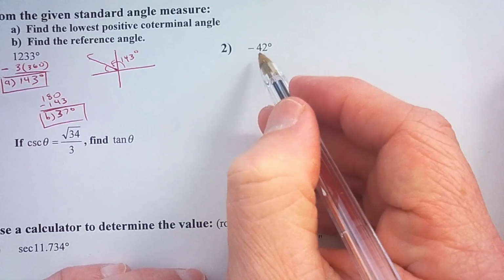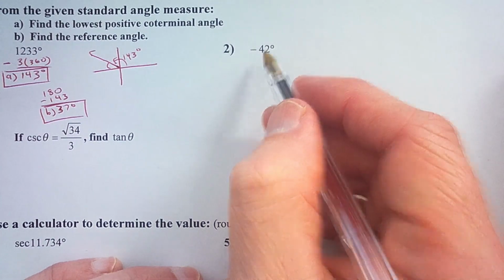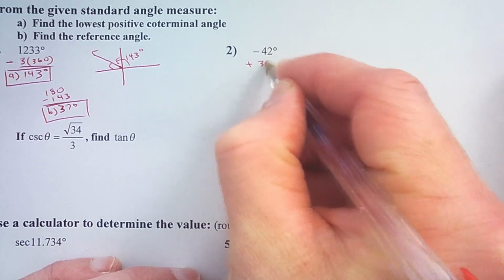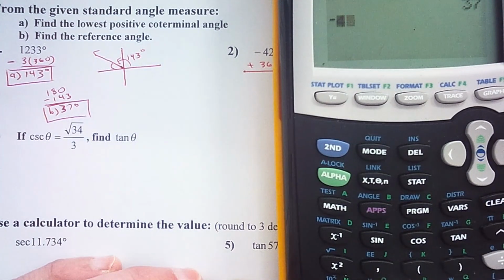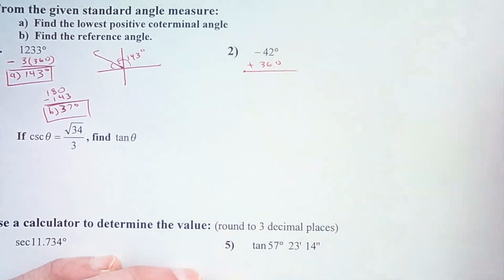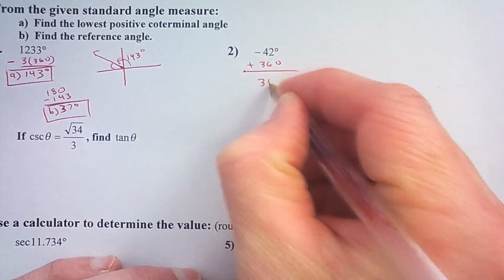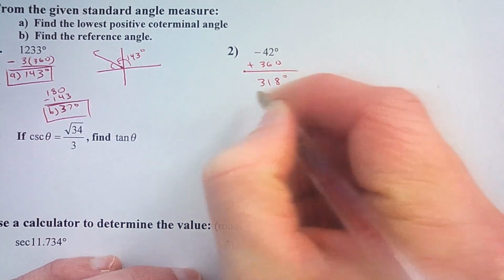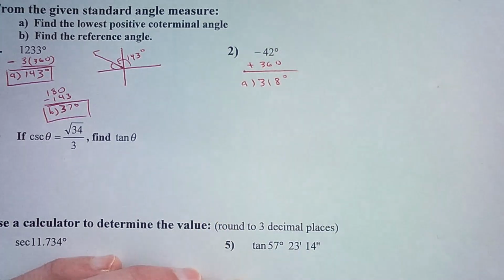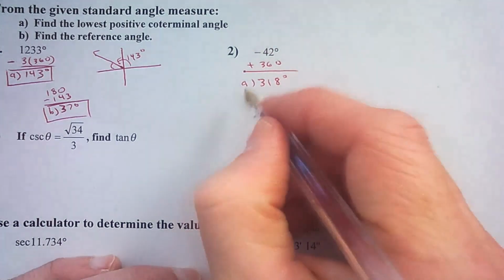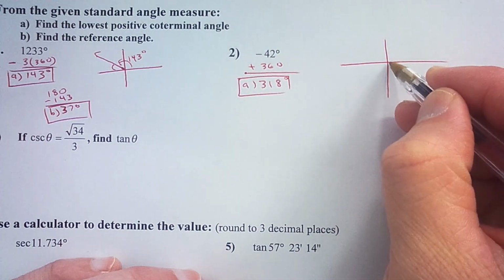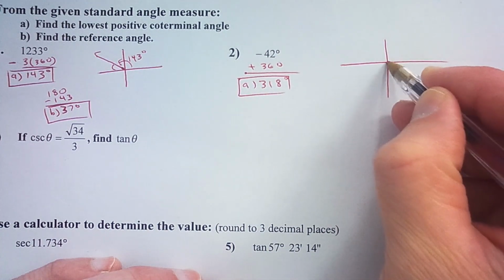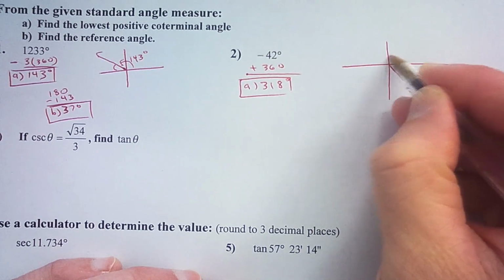Okay, now this time I'm starting with a negative angle measure, so I need to add 360, so that I'll be between 0 and 360. So negative 42 plus 360 is 318. So I have 318 degrees for A. Okay, so 318 degrees is going to be somewhere in this area.